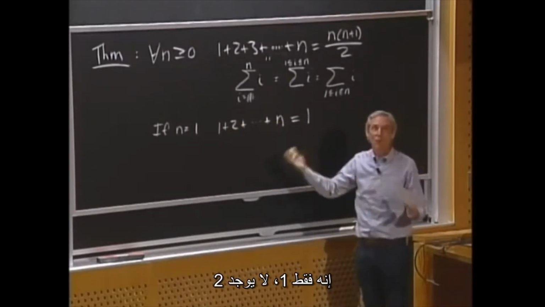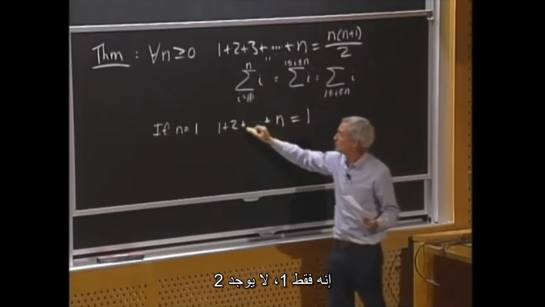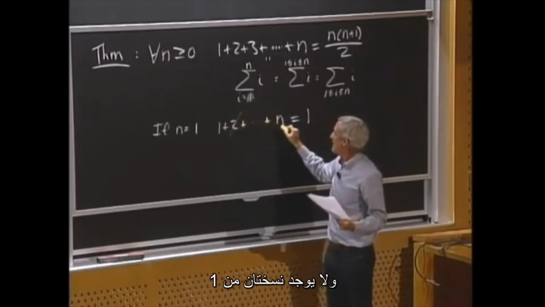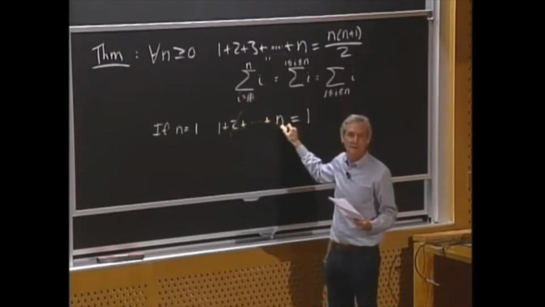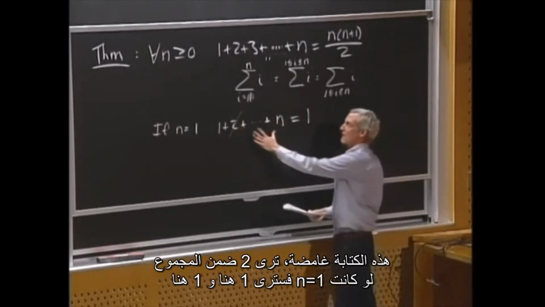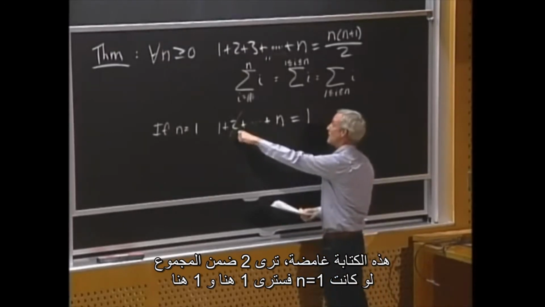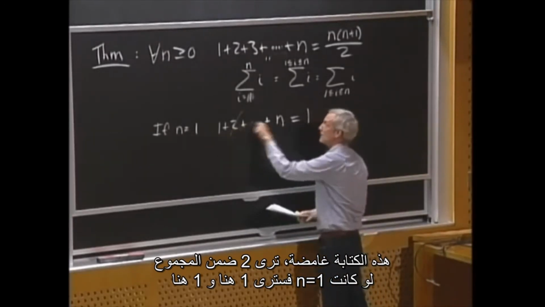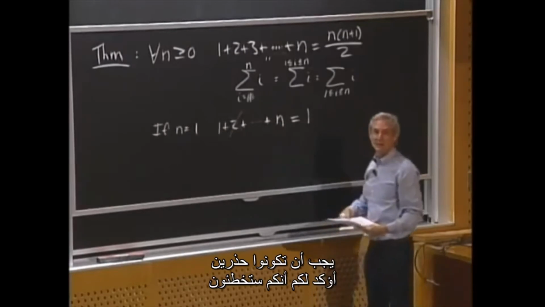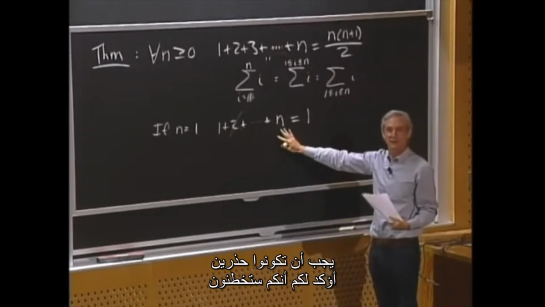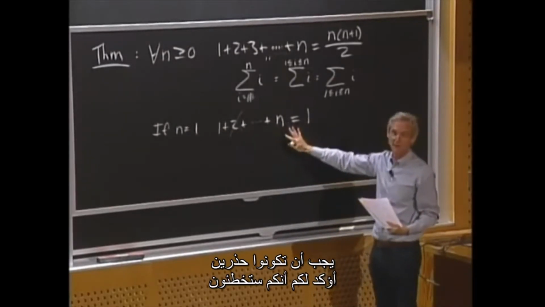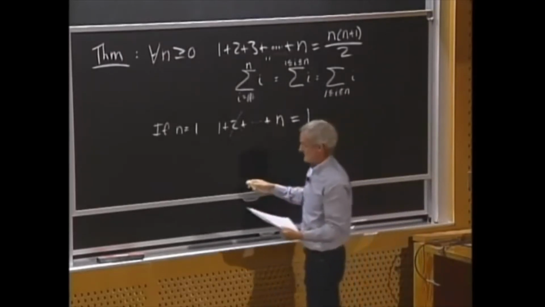That's just the number 1. There is no 2, and there aren't 2 copies of 1. So this notation is very ambiguous. You see a 2 here in the sum, but if n is 1, you see a 1 here and a 1 here. So you've got to be careful. I guarantee you'll make a mistake with this. In fact, I'm going to show you another false proof later where this comes into play.